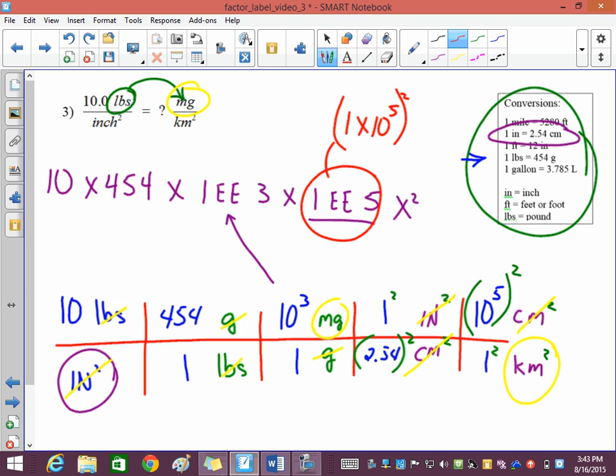That's why those calculators are nice, and that's why I highly recommend you learn how to use the EE button, the EXP button, the times 10 button, because it's going to make your life so much easier. All right, so we've got the top. Oops, put it back. So x squared.